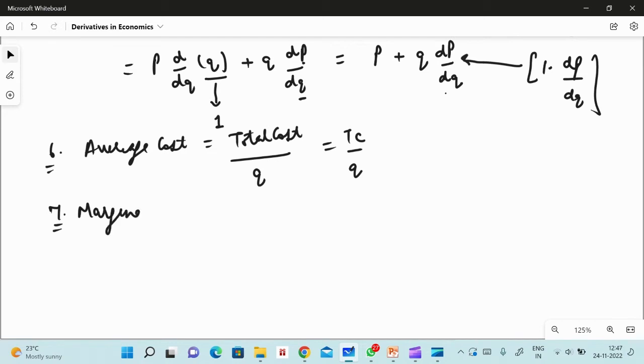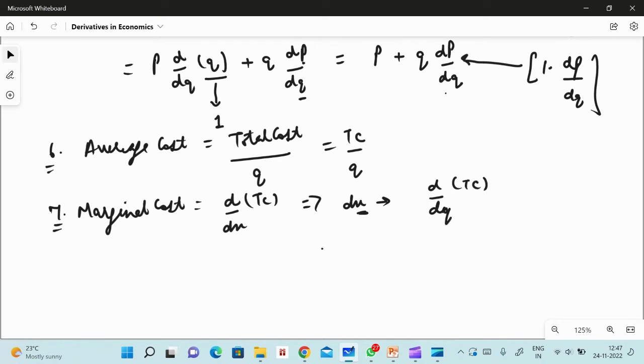Marginal cost is the derivative of total cost, right? So here if you see, we have taken dx in the denominator. Why? Because it is with respect to x. Sometimes it can be taken as d by dq of total cost, right?